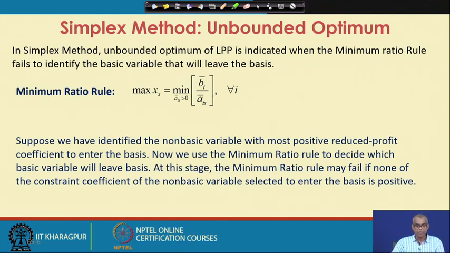Suppose we have identified the non-basic variable with most positive reduced or relative profit coefficient Cj bar to enter the basis. Now, we use the minimum ratio rule to decide which basic variable will leave the basis. At this stage, the minimum ratio rule may fail if none of the constant coefficients of the non-basic variable selected to enter the basis is positive.